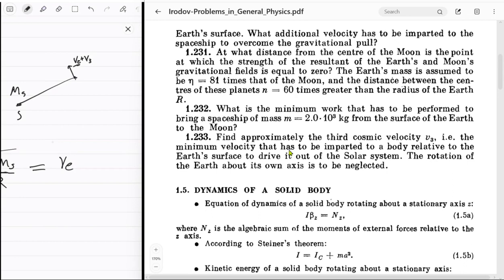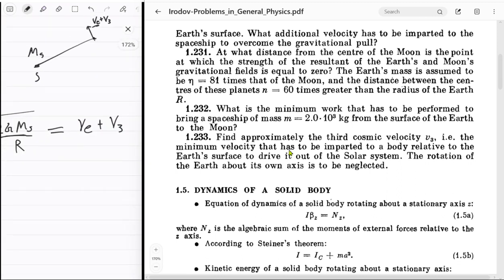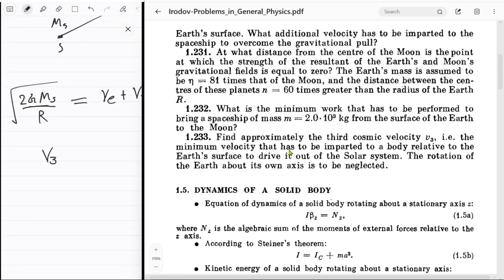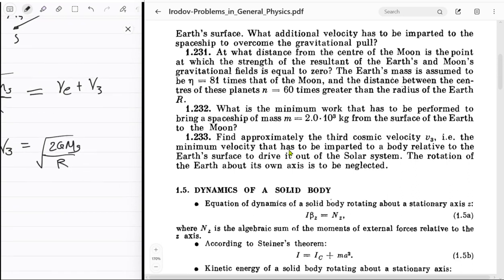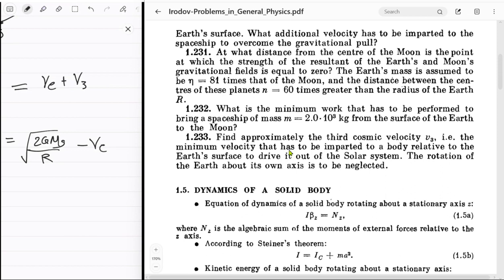That's weird. Just call it U Earth. I'll just leave it like that for now. As long as you know the context, it's not that hard to figure out what this thing is, right? Okay, so there we go. V3 is just equal to square root of 2GMs upon R minus v Earth, right?